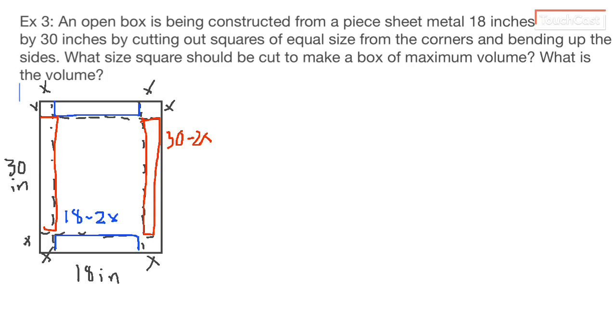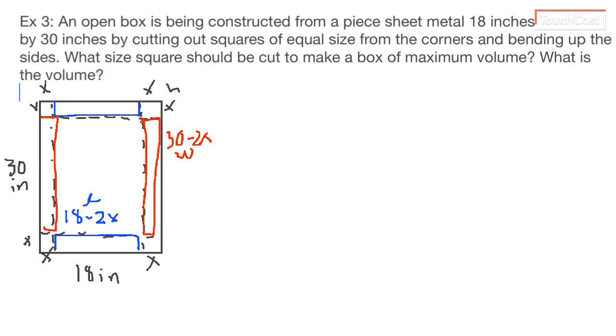Now when we think about volume, if we were to actually cut these little x squares out and fold it up, we're going to have a length, which we can call our blue portion, of 18 minus 2x, a width, which we can call our red portion, 30 minus 2x, and a height, which can be the x's.